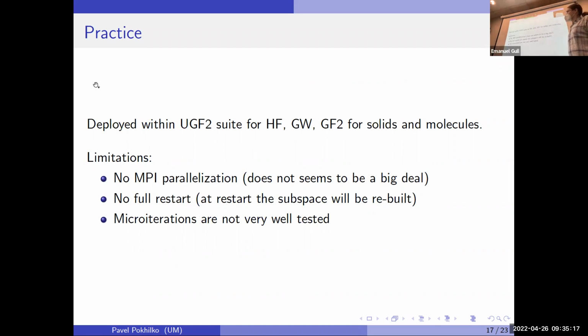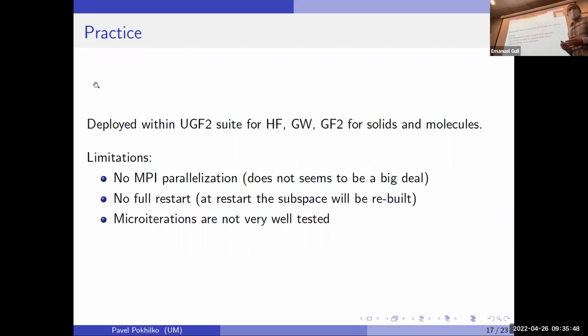The code is available within the UGF2 suite, and it works for Hartree-Fock, GW, and GF2. The implementation is very general, so if you implement some other method, it will still work with it. It works both for solids and for molecules, so it is completely general. However, there are a few limitations of the implementation.